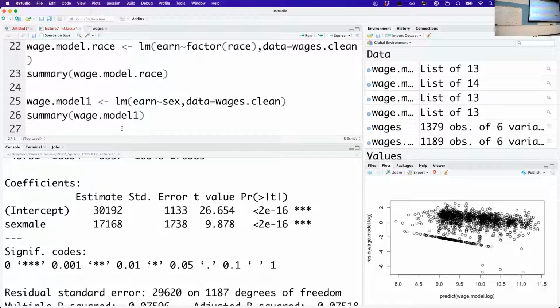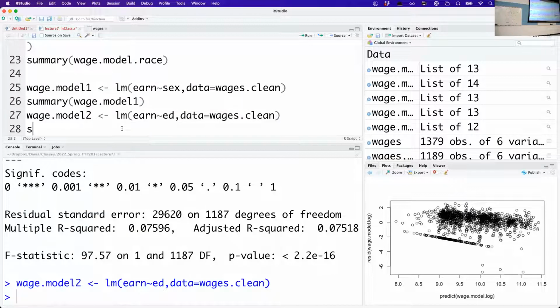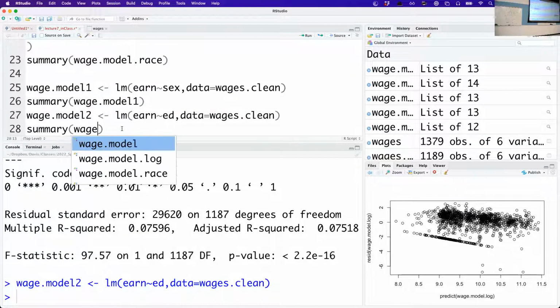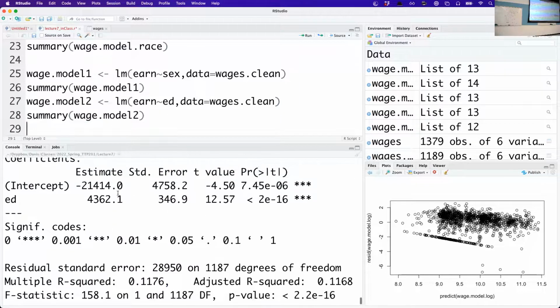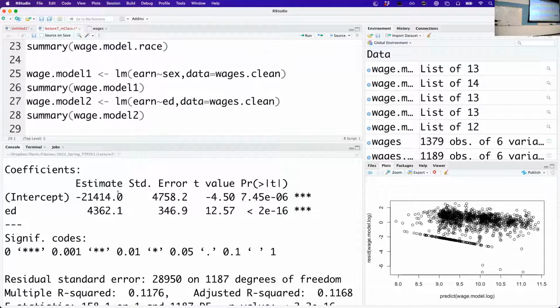We can do wage model 2. Okay, and in this case, we start out with an intercept of negative 21,000, and for every additional year of education that you receive, you make $4,300 more.